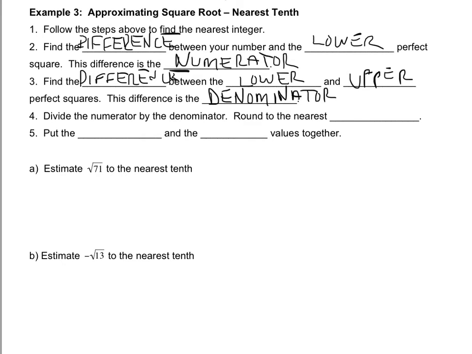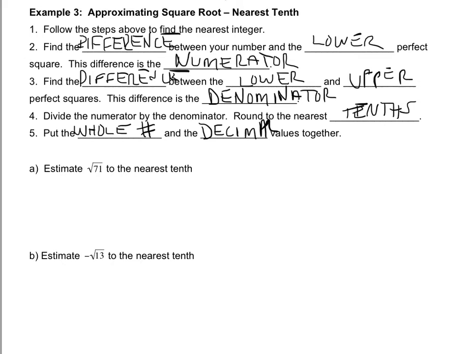We're going to divide the numerator by the denominator to get the decimal and round to the nearest tenths. We then put the whole number we first found and the decimal values together to get our answer.